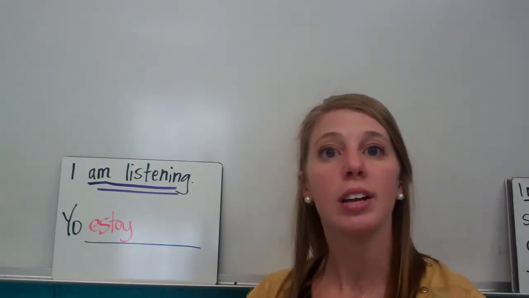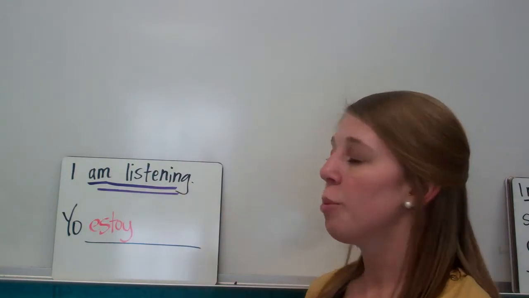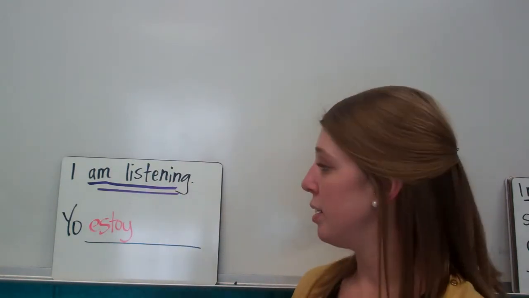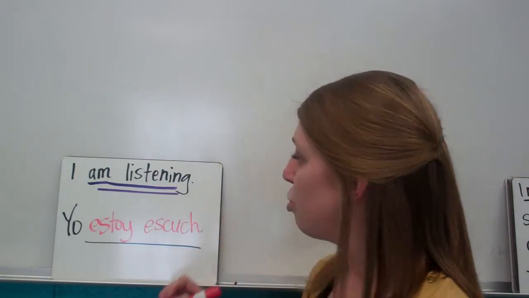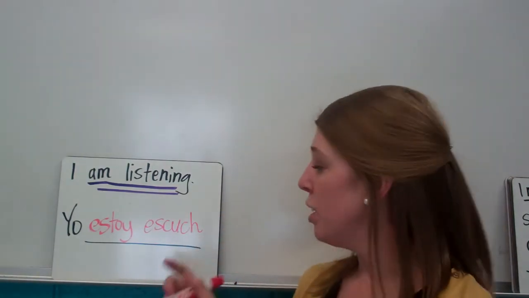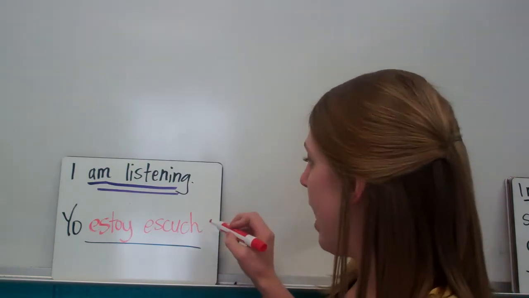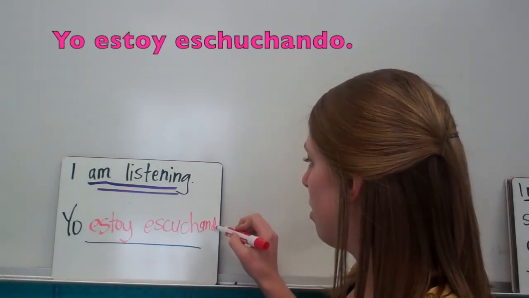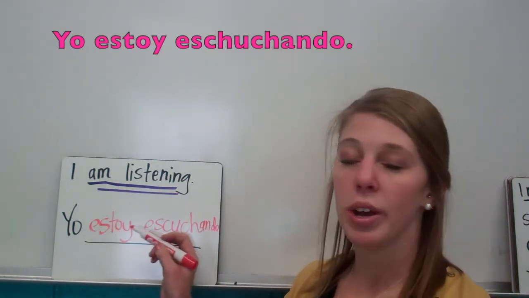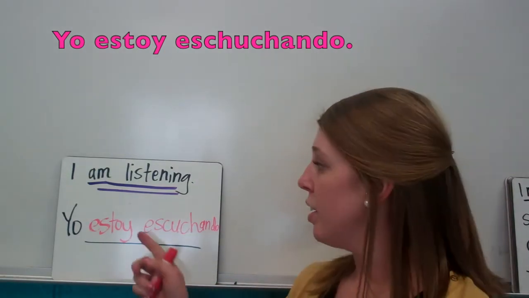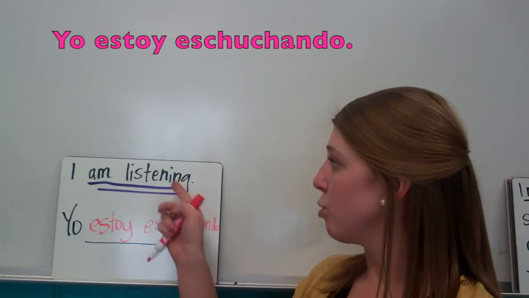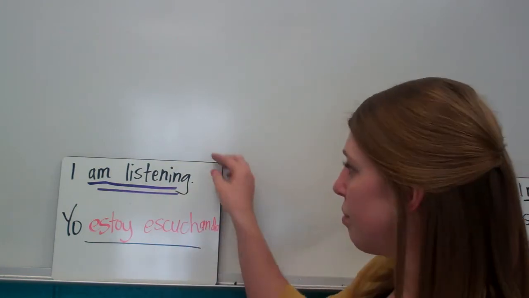Now we have to do the present participle of the verb listening, or to listen. So we're going to put escuch. It's an AR verb. So we take off the AR and we add ando. So yo estoy escuchando means I am listening. So am being estoy, then escuchando being listening. Let's continue.